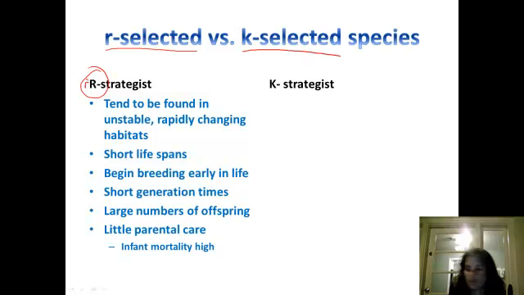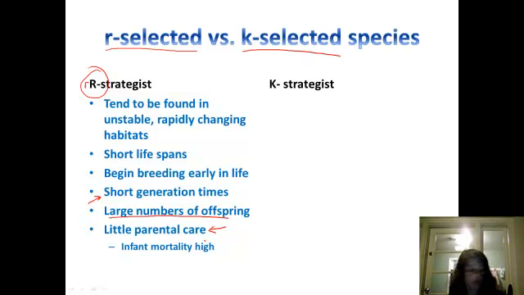So that leads us also to short generation times. Large numbers of offspring at once, and usually very little, even non-existent, parental care. This means that lots of the babies are going to die. They're going to have zillions of them, but lots of them are going to die.